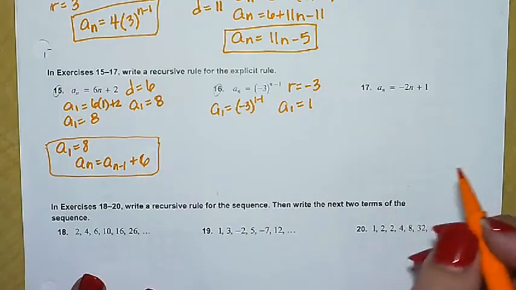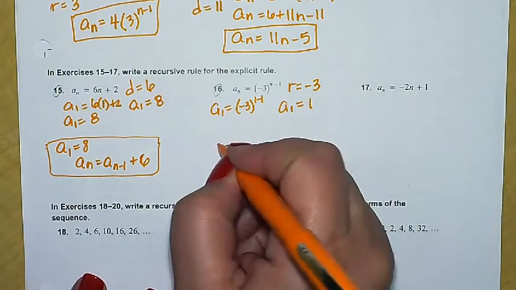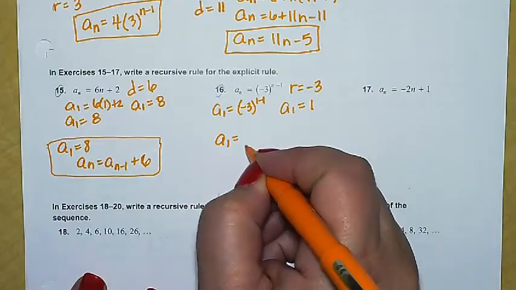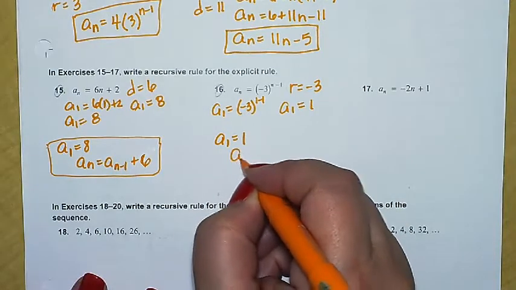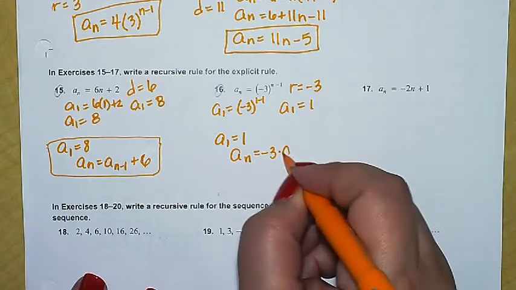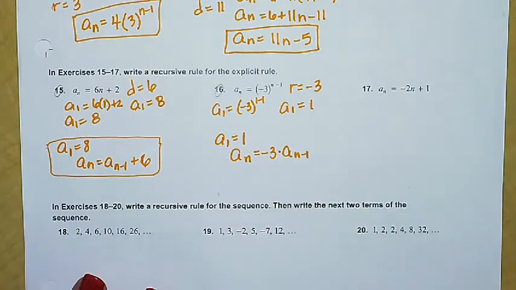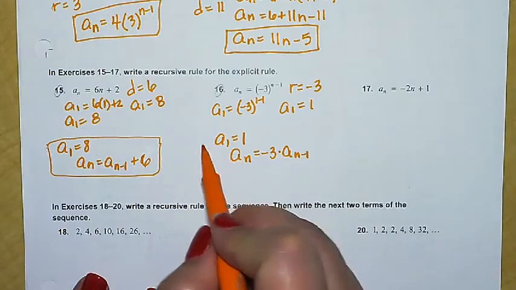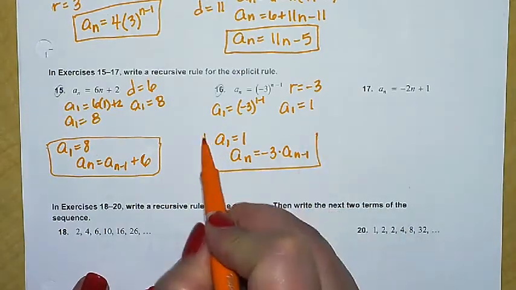But those are the only ingredients I needed to write my recursive, because now I can say, oh, so this sequence starts at 1, and the pattern is that every new term is just -3 times the term right before it. It's just describing the pattern. And there you go.